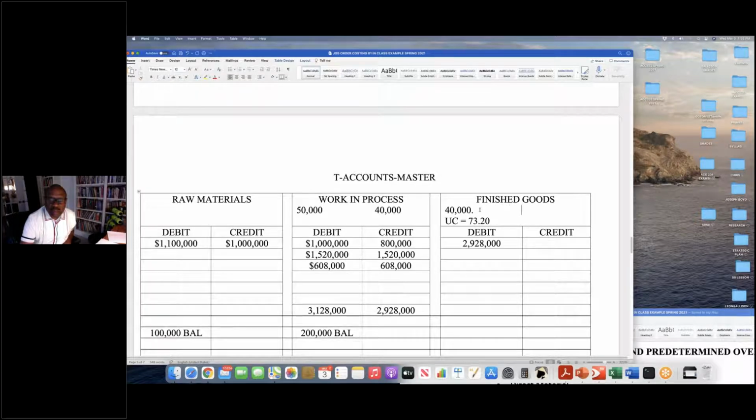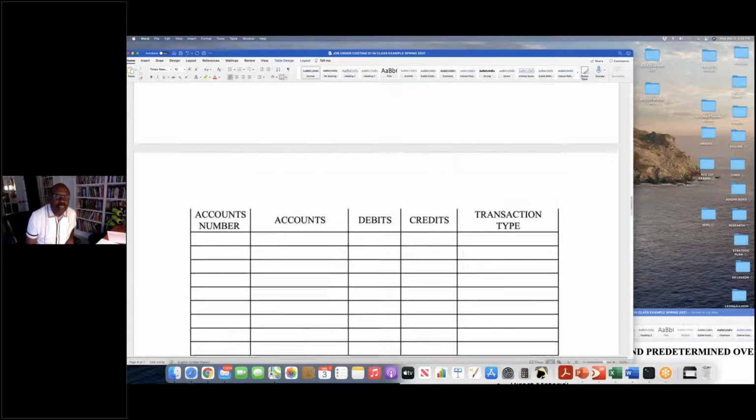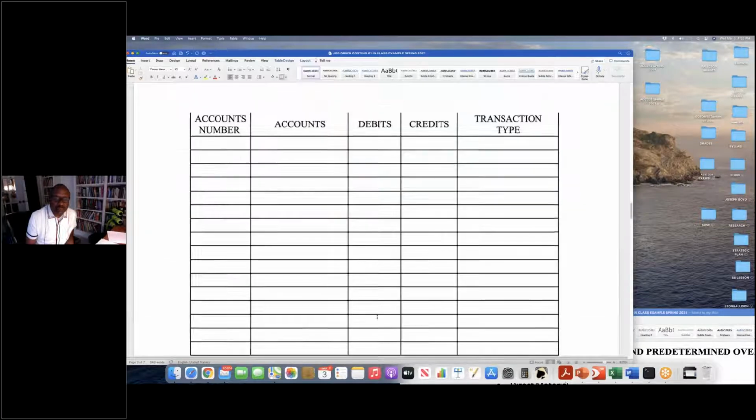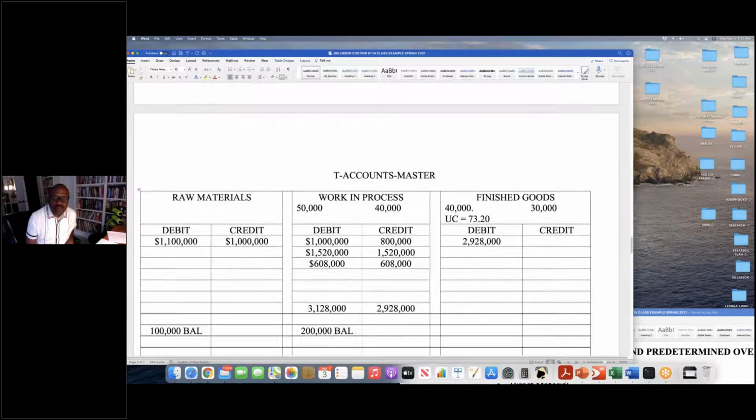So we've sold 30,000 now, and we said that would be 2,196,000. So how much do we have left in finished goods inventory now?